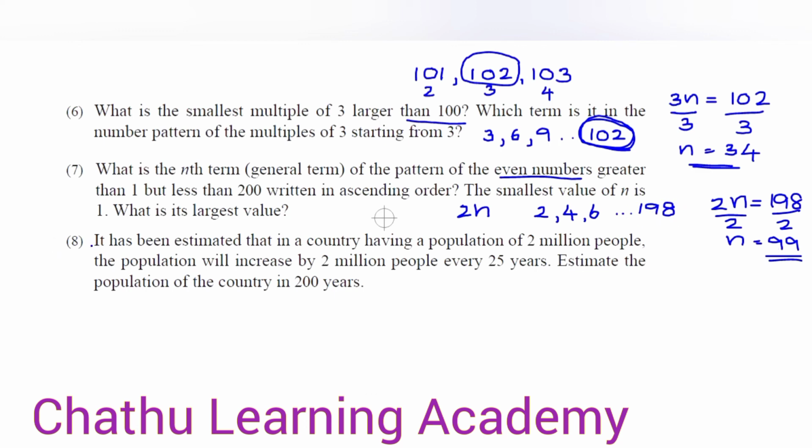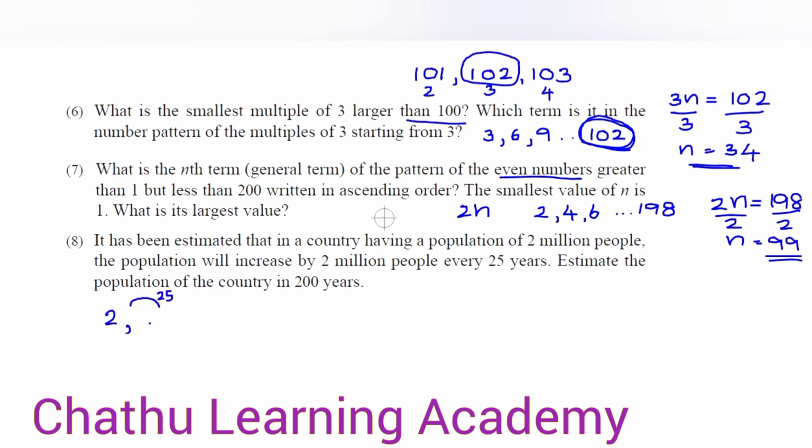Now look at the last question of this exercise. It has been estimated that in a country having a population of 2 million people, as the initial state, 2 million population as the initial stage, the population will increase by 2 million people every 25 years.